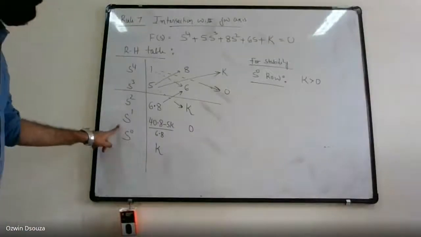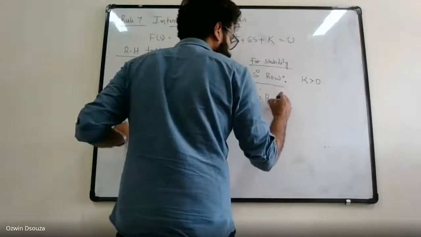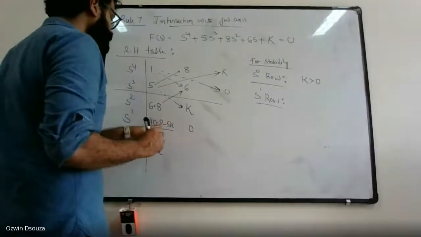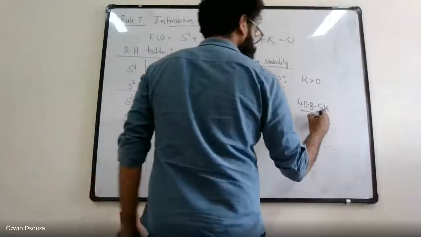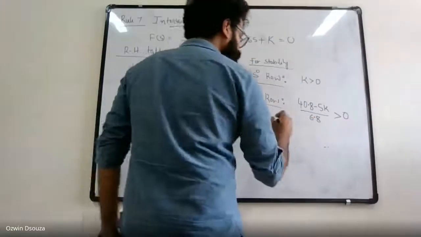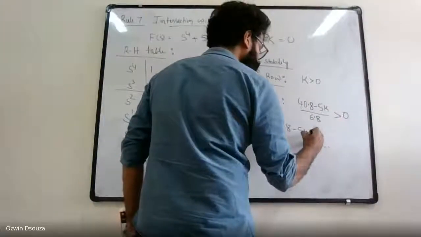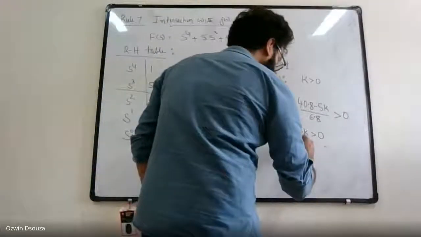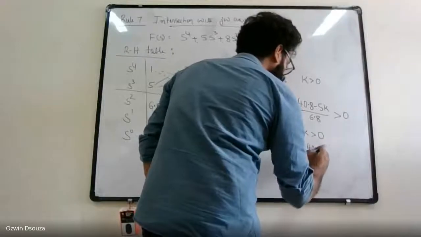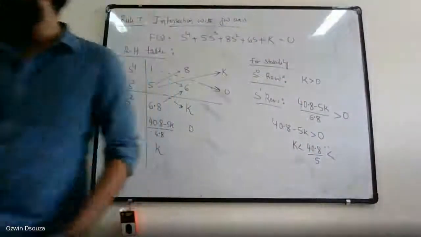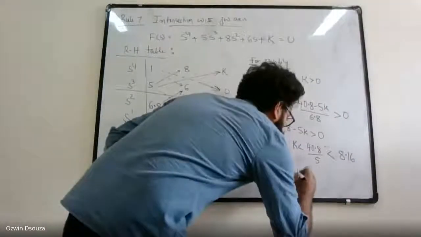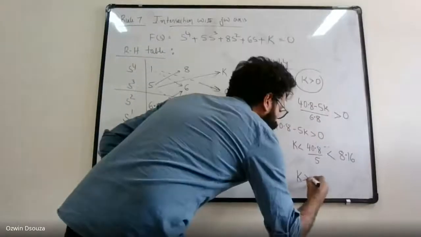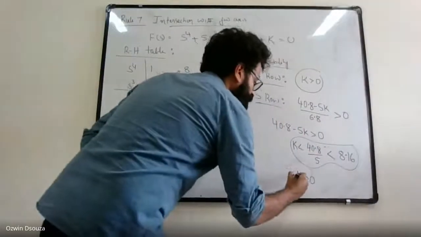From the s to the power 1 row, 40.8 minus 5K divided by 6.8 should be greater than 0, or 40.8 minus 5K should be greater than 0, or K should be less than 40.8 divided by 5, which is 8.16. So for stability, the range of K should be greater than 0 and less than 8.16.